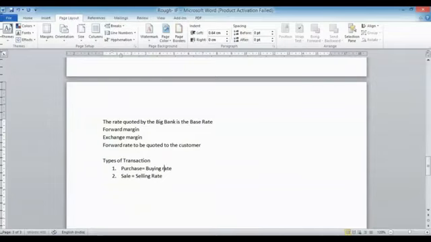So today we take up the first one, that is purchase transaction, and under that we will take up the buying rate.